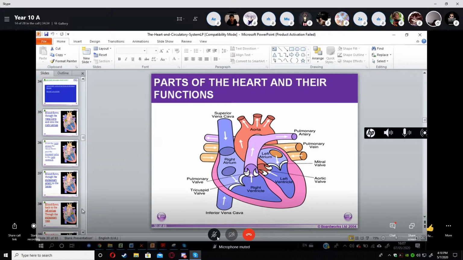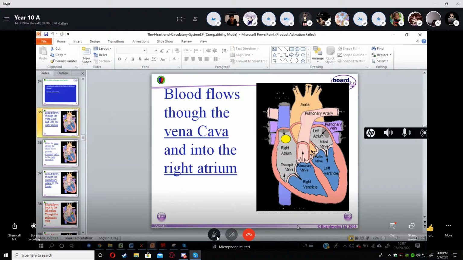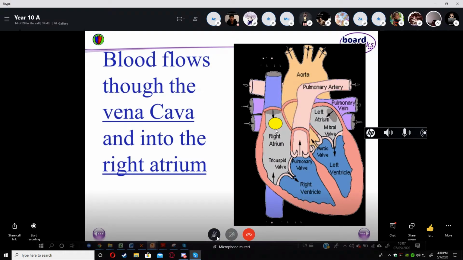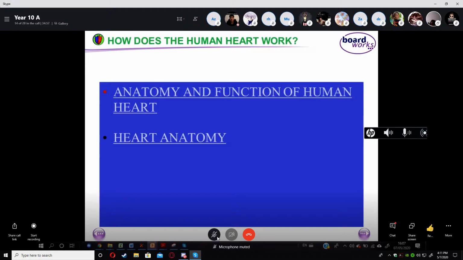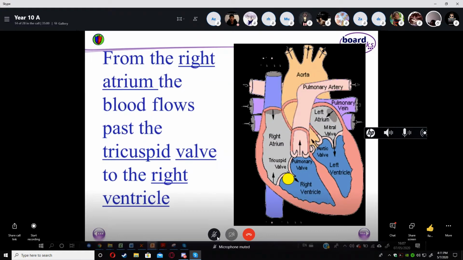This is again a repetition of what we were saying all this time, but in the way of an animation, how the blood flows through the heart. Look at this yellow spot, that's the blood. The blood flows through the vena cava into the right atrium.